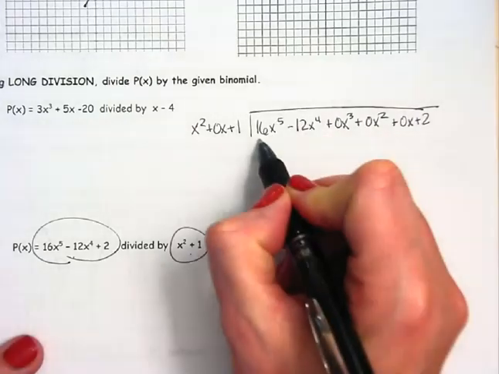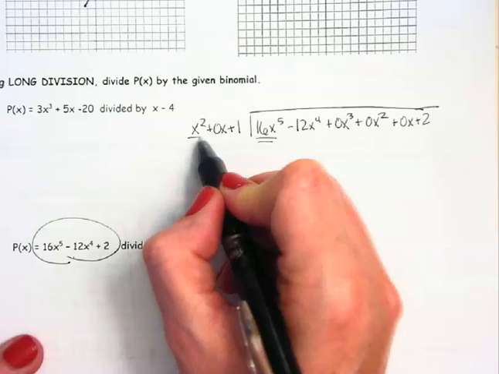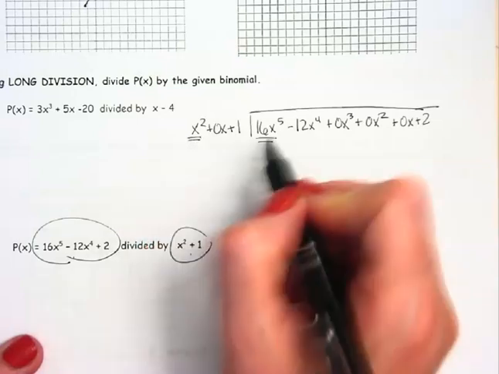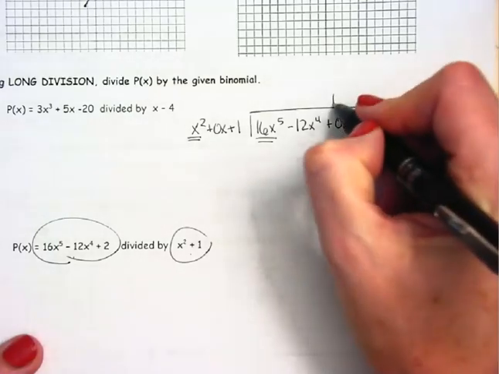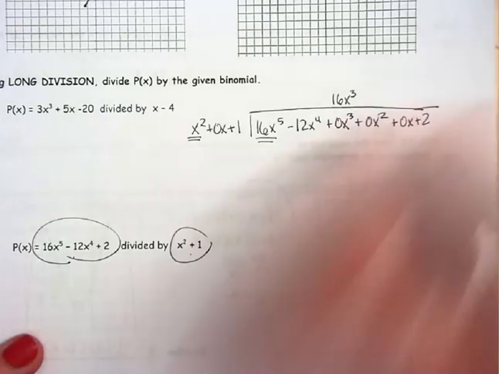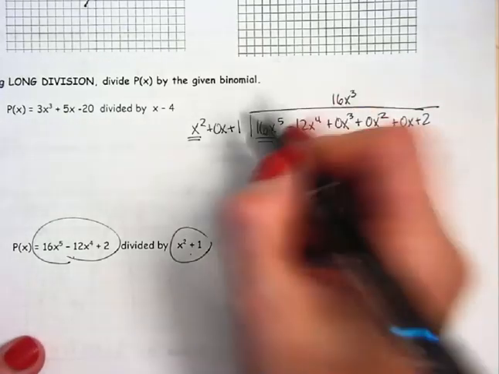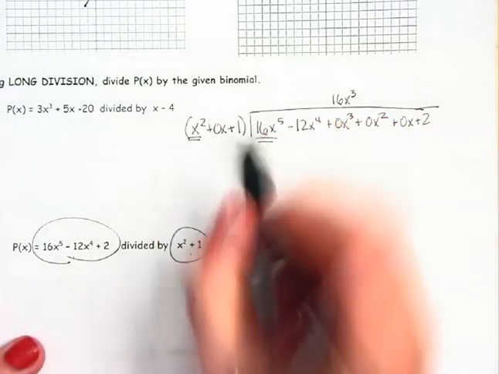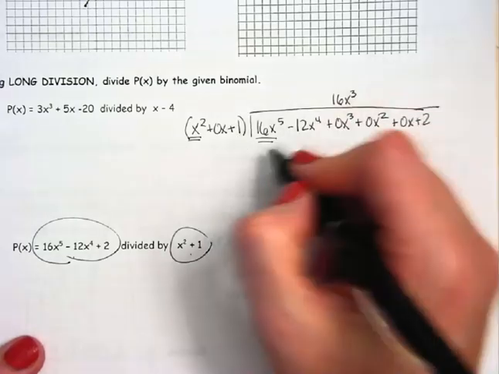So we start by dividing the first term of the dividend by the first term in the divisor. So 16x to the 5th divided by x squared is 16x cubed. Notice how I'm lining that up with the like term, the x cubed that's in the dividend. So then this 16x cubed gets multiplied by every term in this divisor, the whole thing. So it's like a distributive property.